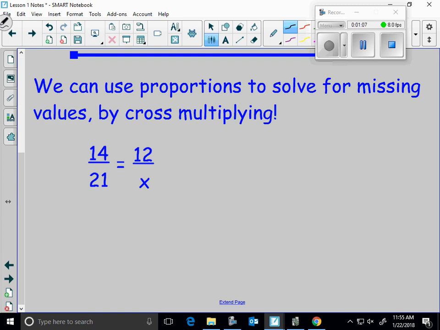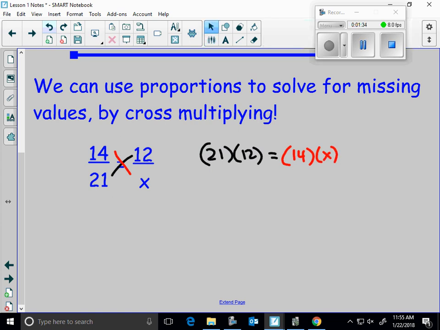Example, we can use this to solve for the missing terms. If we cross multiply these, let me try that in different colors, 21 times 12 should be equal to 14 times x.